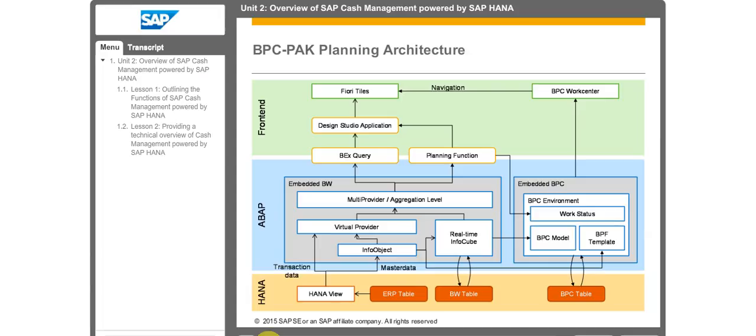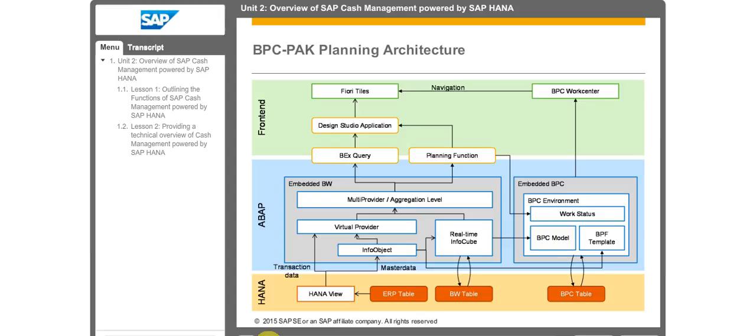This is the planning architecture, mainly for the liquidity management of the rolling liquidity planning application. In the front end, we have different tiles. The tiles can launch the BPC Workcenter or directly launch the Design Studio application. The information is consumed by the BW query on planning functions in the above layer, and the BPC Workcenter will consume information by the embedded BPC.